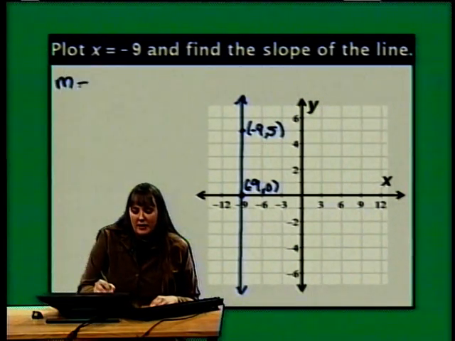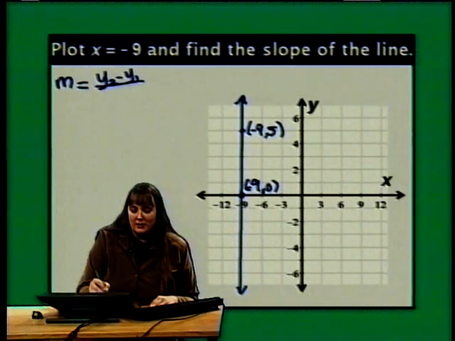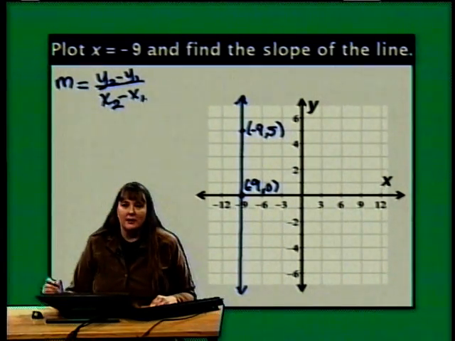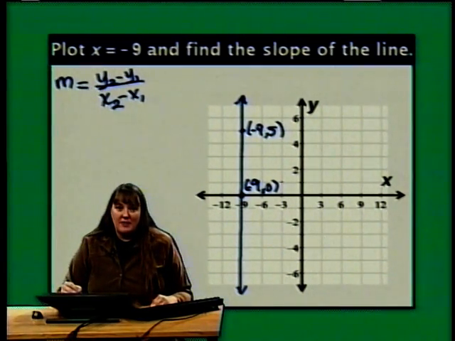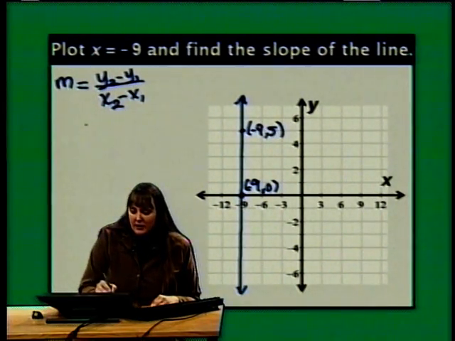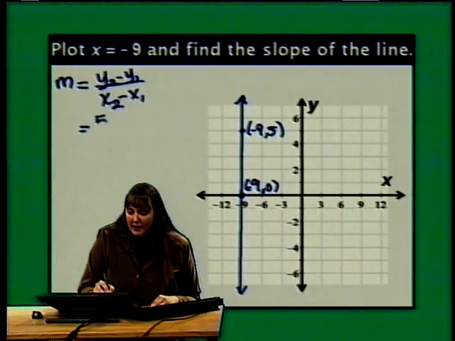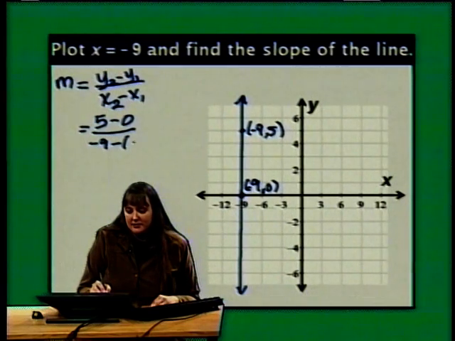To find the slope, we take the difference in the dependent variable, y sub 2 minus y sub 1, over the difference in the independent variable, x sub 2 minus x sub 1. So if I make my lower point x sub 1, y sub 1, and my upper point x sub 2, y sub 2, then I would have 5 minus 0 over -9 minus -9.